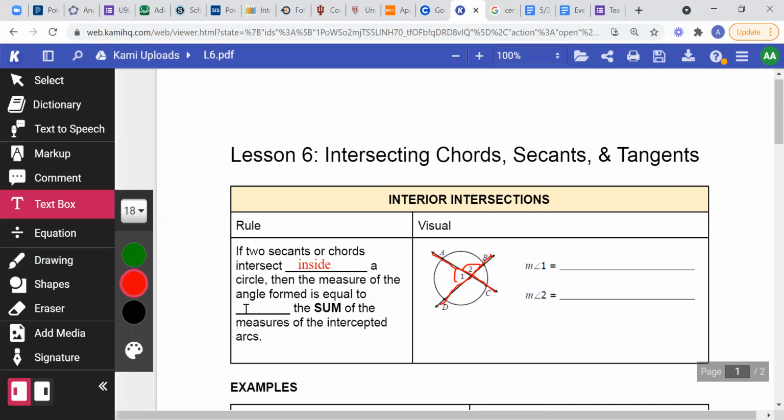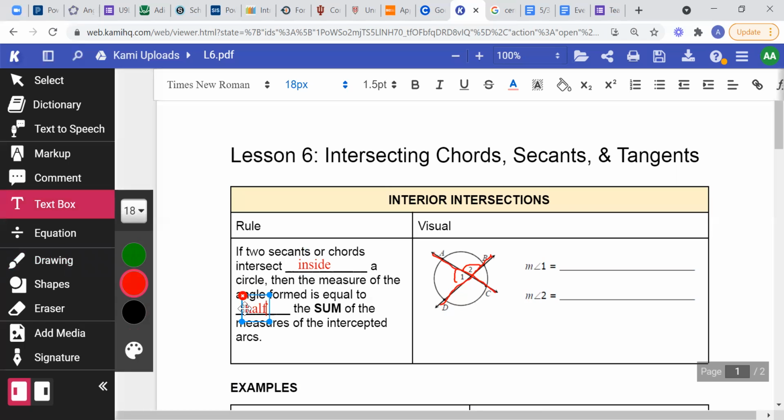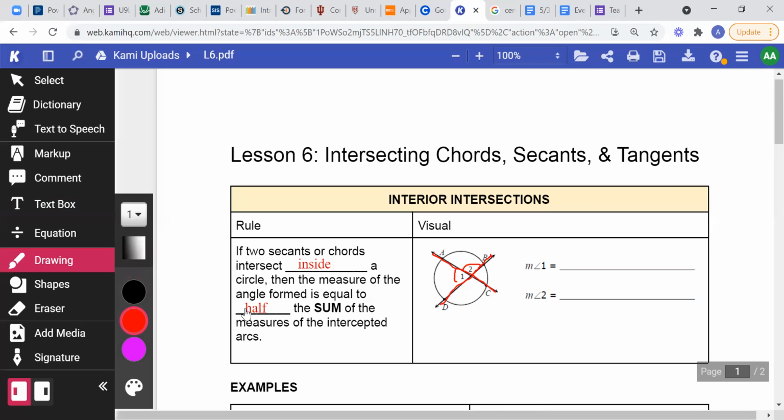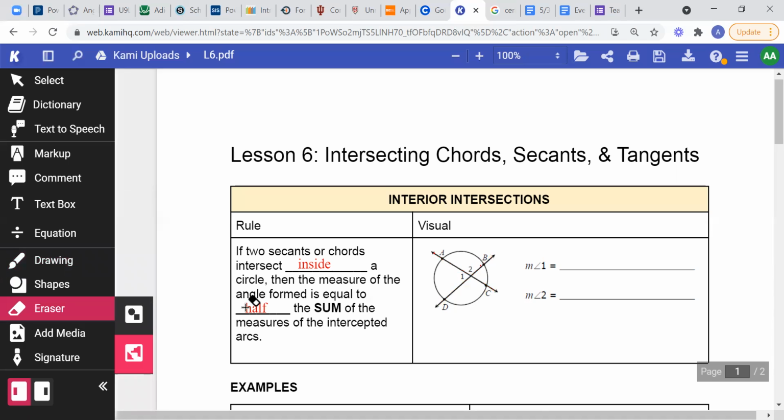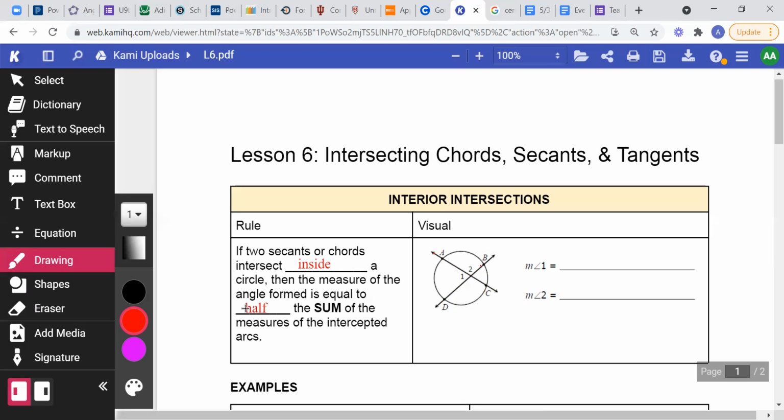What do we mean in essence here? Since these two red secants intersect inside the circle, the measure of this angle 1 is going to be half of this arc in front of it, AD, plus this arc behind it, BC.